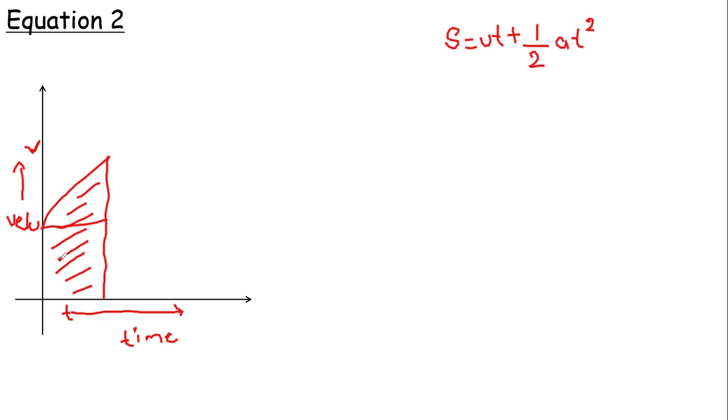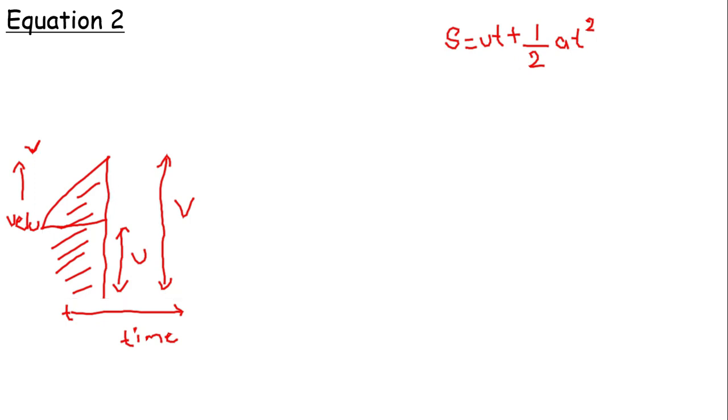This is easy when you try to solve it. From here to here, this part is u, that's the initial velocity, and this whole part is v, that's the final velocity.